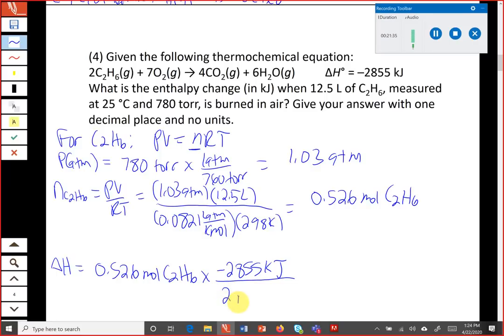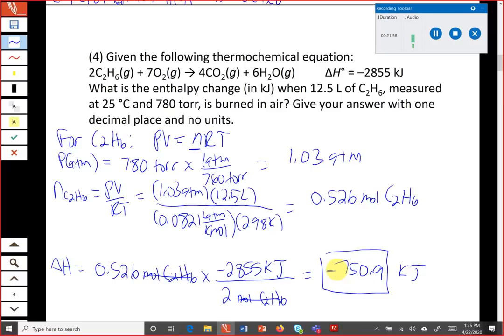So we put 2 moles in the denominator. Moles cancels out, giving the number of kilojoules released when we burn this much C2H6, and that comes out to minus 750.9 kilojoules. This is a numerical question, so we would enter the answer just as minus 750.9.